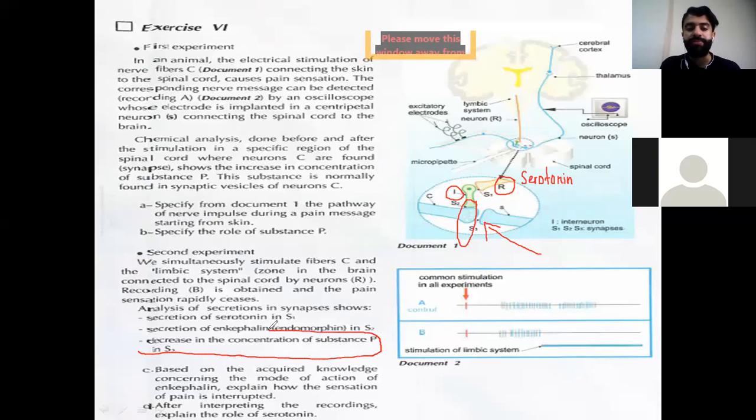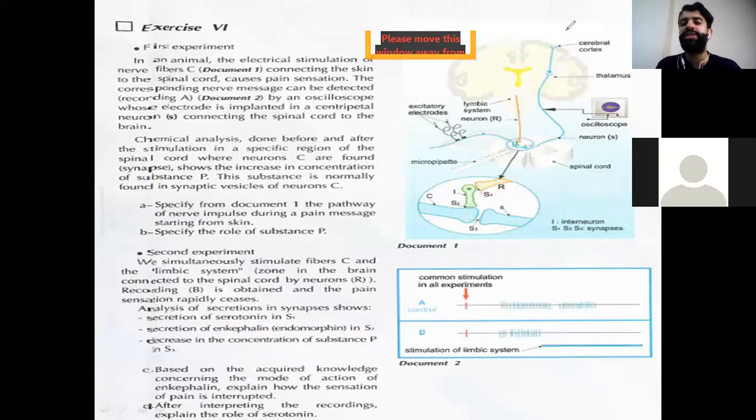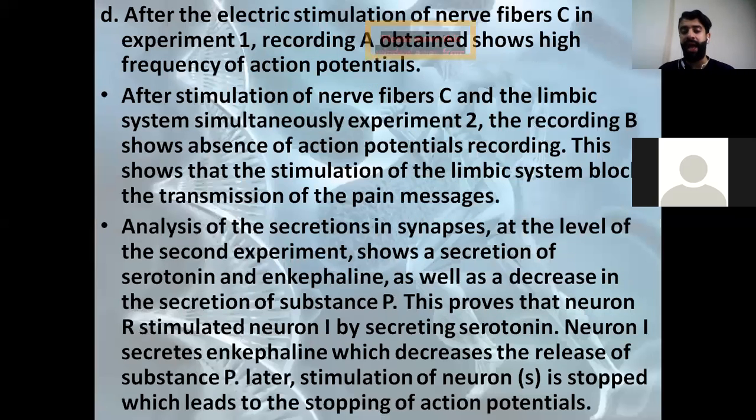So serotonin is secreted by the neuron R, and this secretion has a feedback on the I interneuron to secrete the enkephalin. Whenever it secretes the enkephalin, this leads to the decrease in the secretion, or the exocytosis, of the P substance at the level of SC3 synapse.